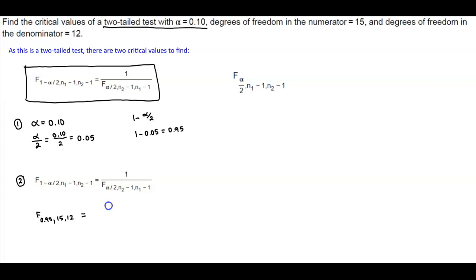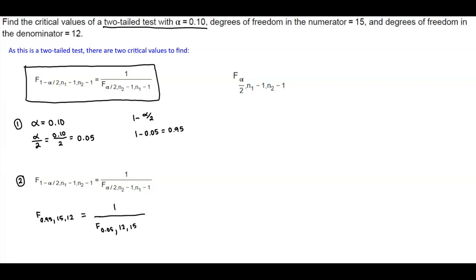And what that equals is the following. It's going to be 1 over F, and now that becomes alpha divided by 2, which is 0.05. And now the first number becomes the degrees of freedom in the denominator, so this becomes 12, and then this becomes 15.